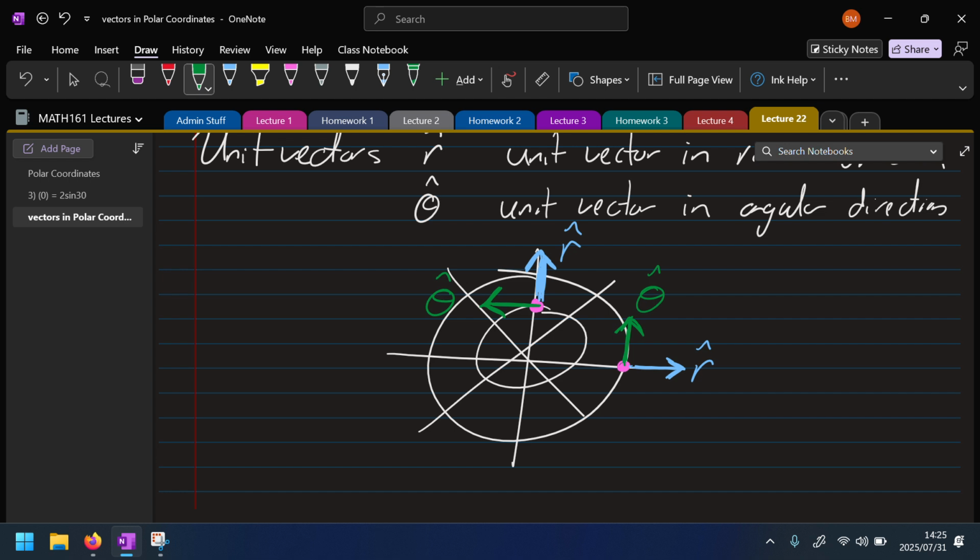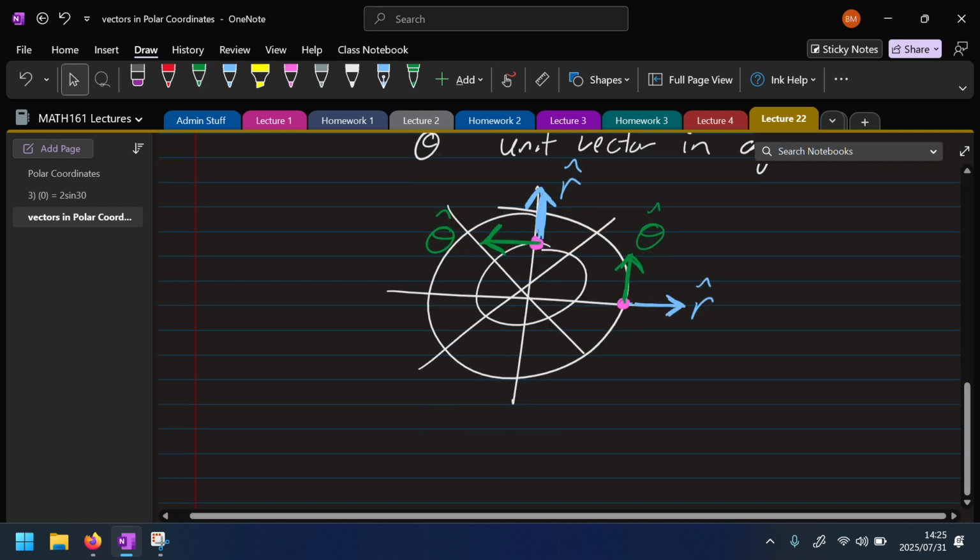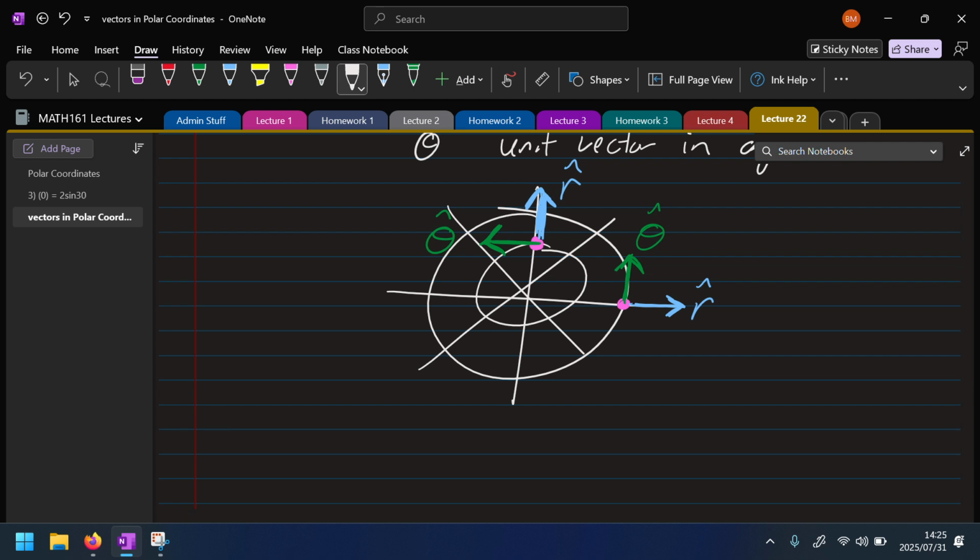At a later time, it will be somewhere else, and it will have a different r hat and theta hat. So r hat and theta hat depend on the point you're looking at.